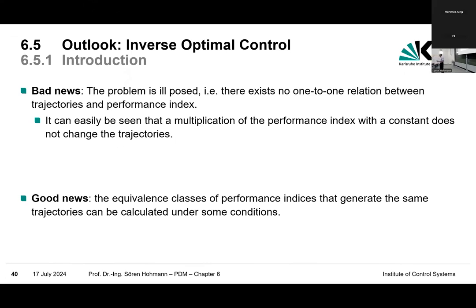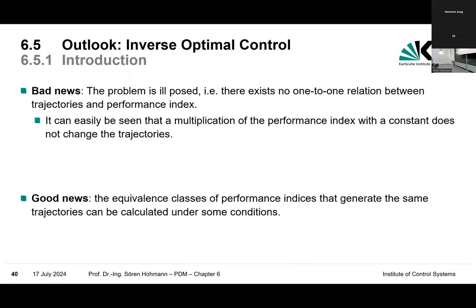I want to say some words about ill-posedness. It's easy to understand because if you remember your ODS knowledge, you remember that the optimization of the objective function J equal to the integral of x transpose Qx, for example, times a half gives the same optimal trajectories like times 5. Scaling does not change the solution.